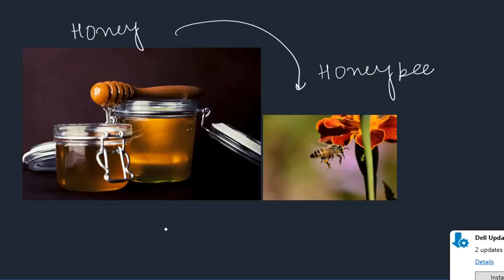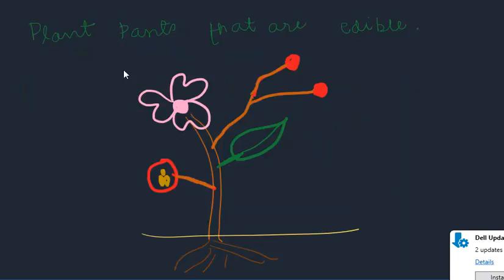Now the next topic, after looking at the sources of food, is the parts of the plant that are edible, that is, the parts of the plant which we can eat. Let's look into that. You can't find all parts of a plant to be edible. In one plant maybe flowers are edible, in another plant we can consume the fruits, in another plant we can just eat the leaves.